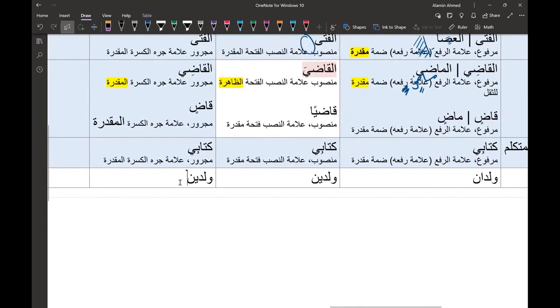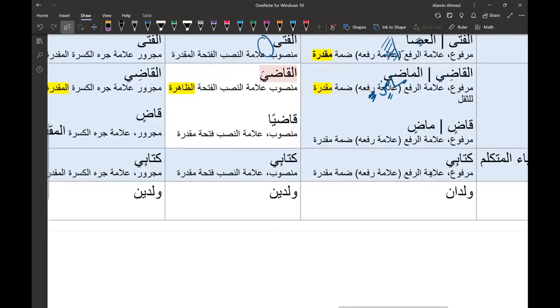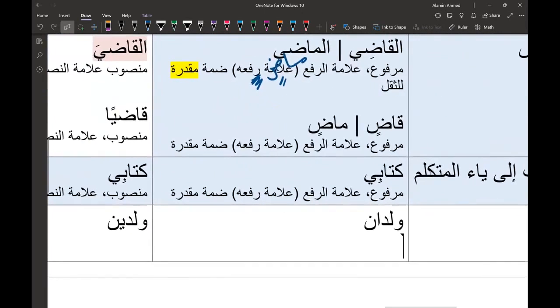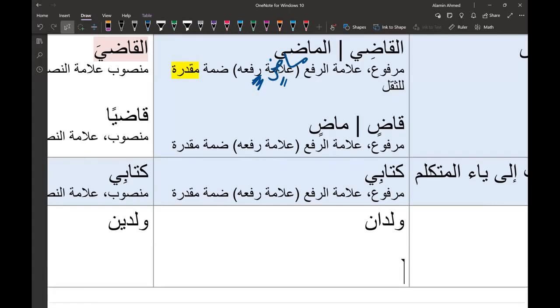Both nasb and jar are waladaini. But what is the i'rab? Remember, how do we start? You should know how to start the i'rab at least, because we're in the raf state right now. What is the first word we say? We say marfu. Remember, we don't have the context, so we cannot say why it is marfu, but that's fine for now.